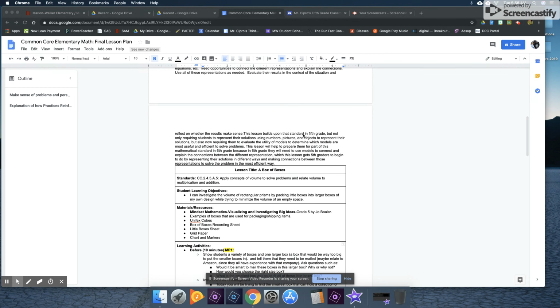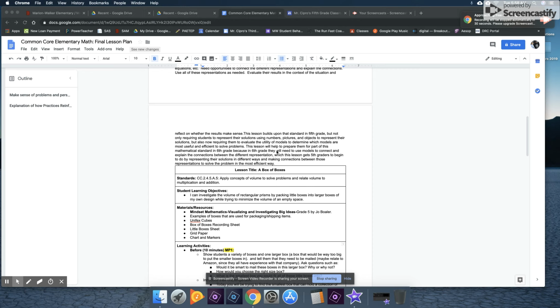This lesson builds upon that standard in 5th grade by not only requiring students to represent their solutions using numbers, pictures, and objects, but also now requiring them to evaluate the utility of models to determine which models are most useful and efficient to solve the problems.